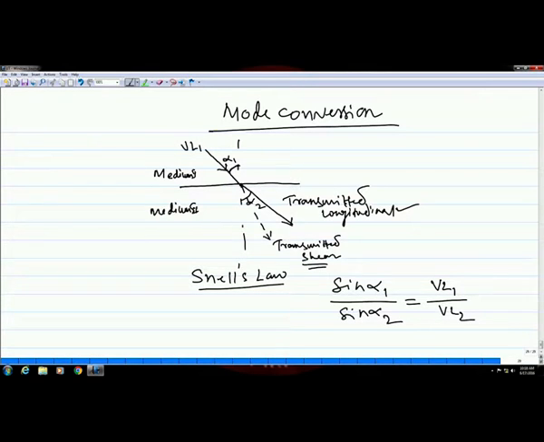Okay. So, now if you keep increasing alpha 2 or if you keep changing alpha 1 such that alpha 2 increases, at some point alpha 2 will become 90 degree and be parallel to the interface. Okay. So, that particular angle where alpha 2 becomes 90 degree is known as the first critical angle.